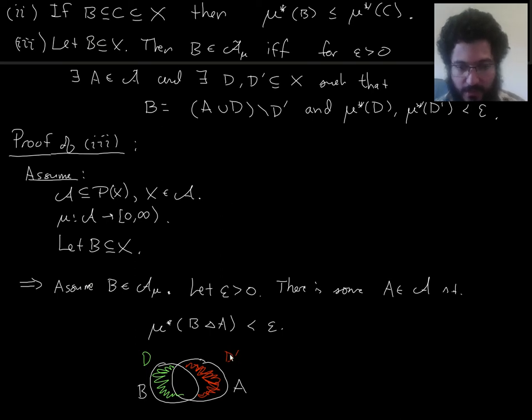And you know, D union D prime looks like that is the symmetric difference, which has its mu star being small. So that seems pretty good. That seems promising.